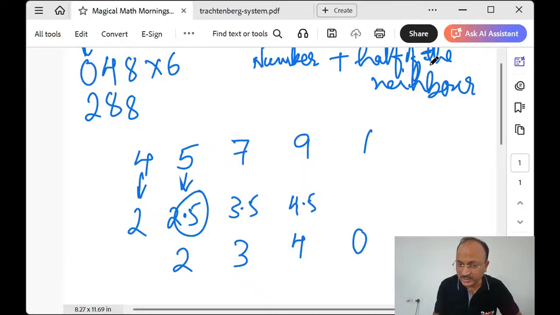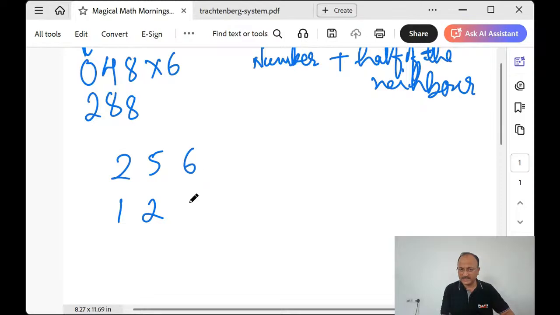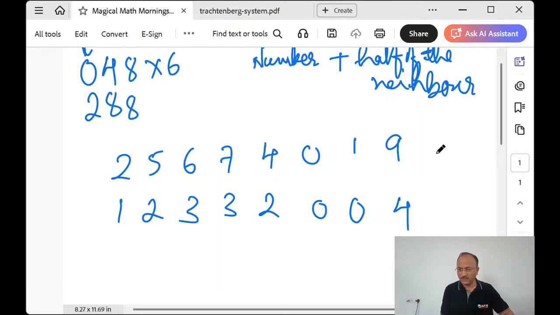But there is a catch here. You remember, let's check. Let's quickly tell what is the half of the numbers. 2, 1, 5, 2, 6, 3, 7, 3. Just I'm writing the numbers, okay? 4, 2, 0, 0, 1 also 0, 9, 4, 8 also 4. You understood? That means whenever there is an odd number, we are going to neglect the fraction part.